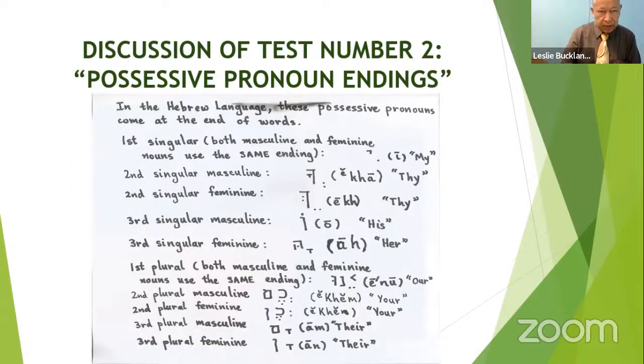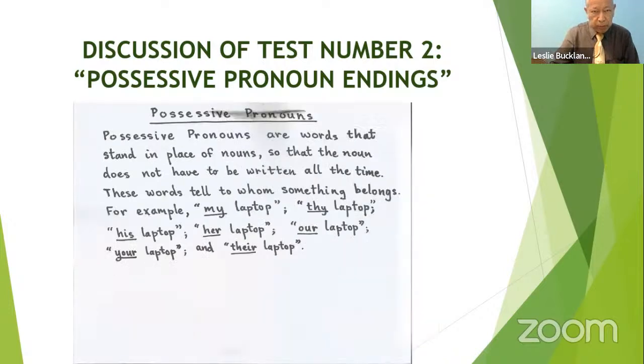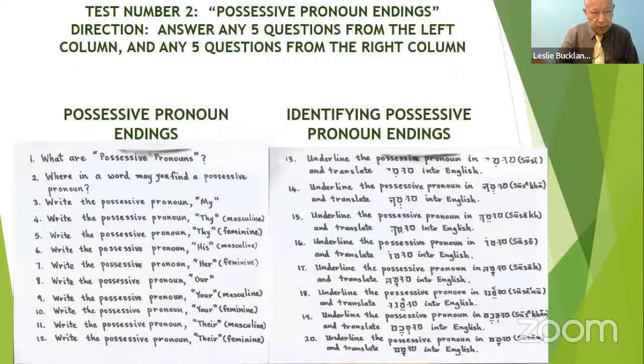Now let me discuss question number 2. And let us refresh our memory as to what number 2 is. Number 2 on the left-hand side of the screen: where in a word may you find a possessive pronoun? I mean, where in the Hebrew word may you find a possessive pronoun?